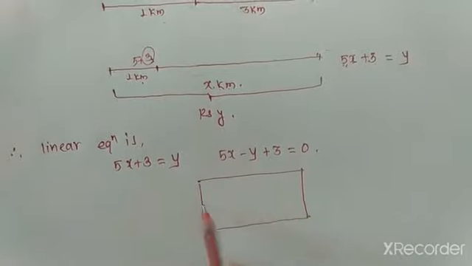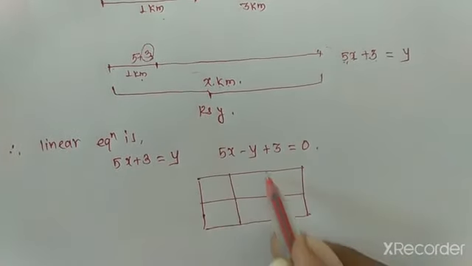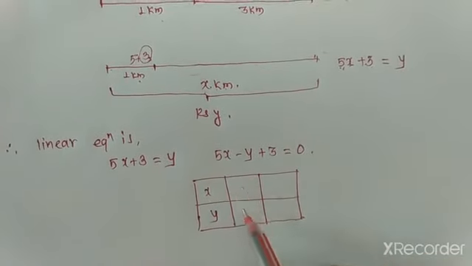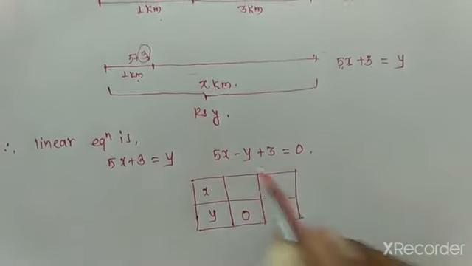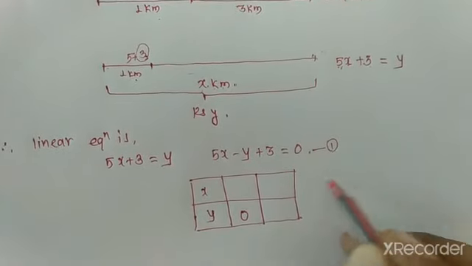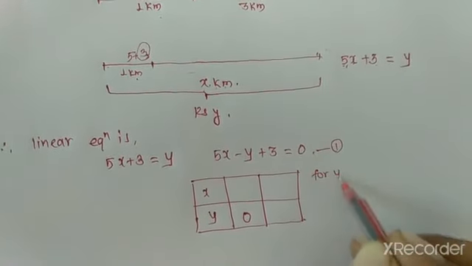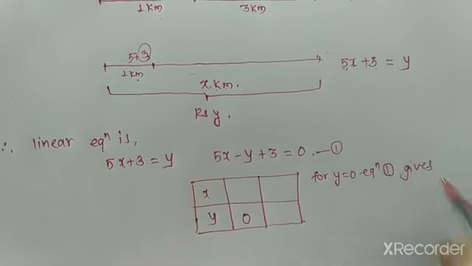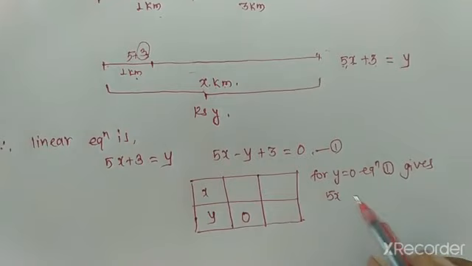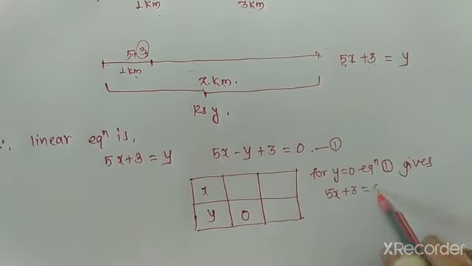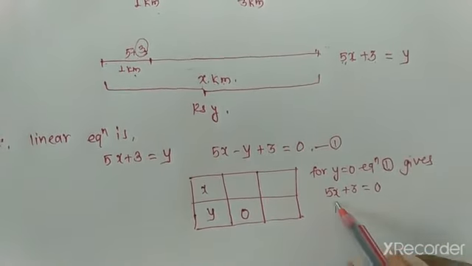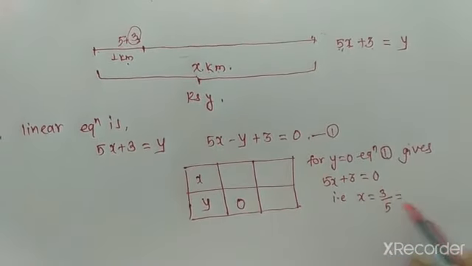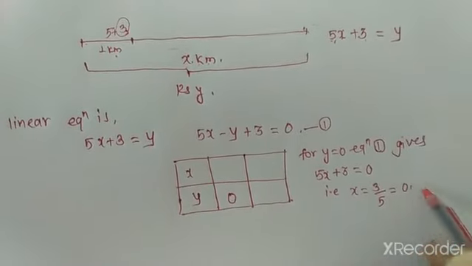For the x intercept, we take y equal to 0. Writing this as equation 1, for y equal to 0, equation 1 gives 5x plus 3 is equal to 0.